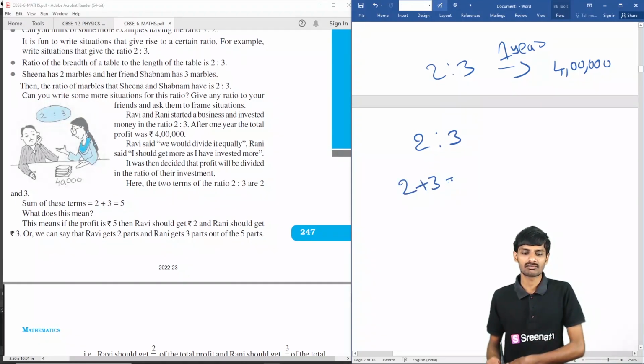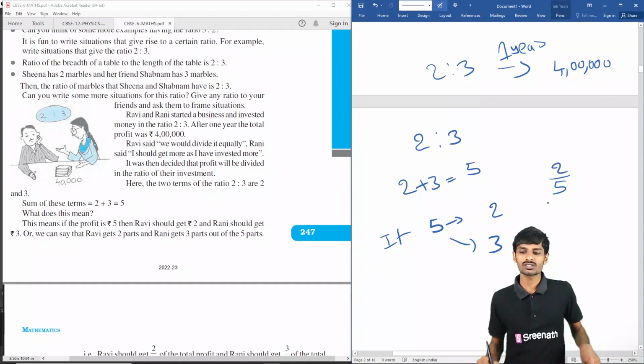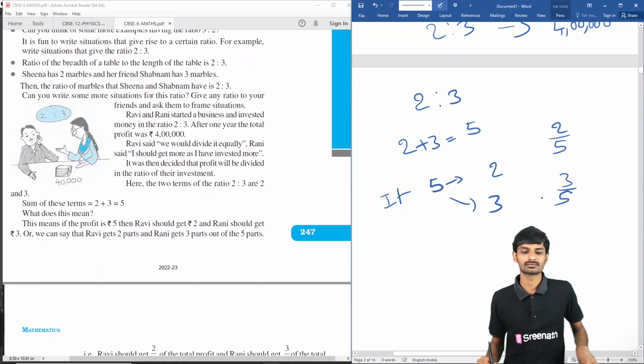That is 2 plus 3 equals 5. Okay, which means, suppose they get a profit of 5 rupees, then Ravi will get 2 rupees out of that and Rani will get 3. Which means 2 rupees out of 5, which is 2 by 5, and 3 rupees out of 5, which is 3 by 5 of the total, friends. Okay, of the total 5.